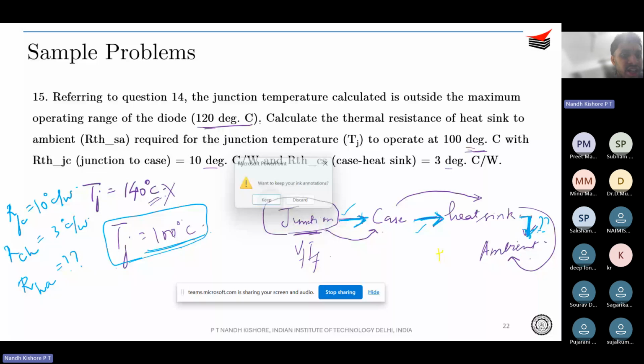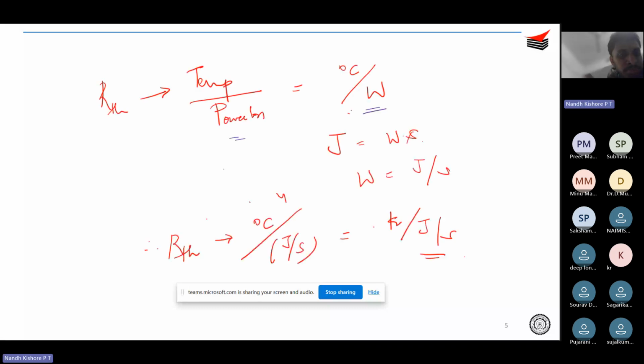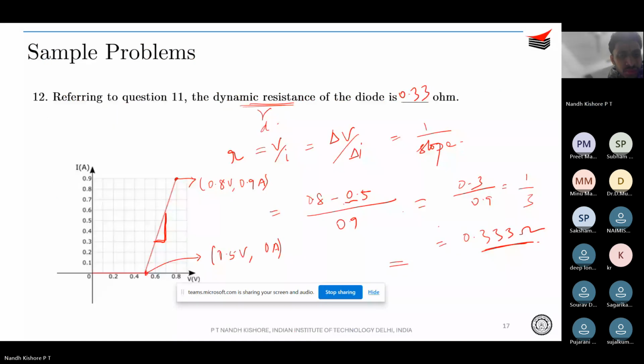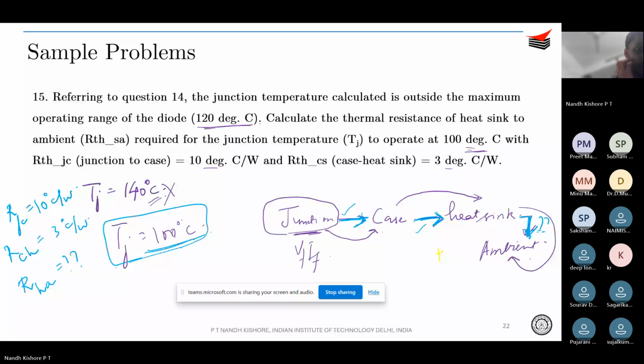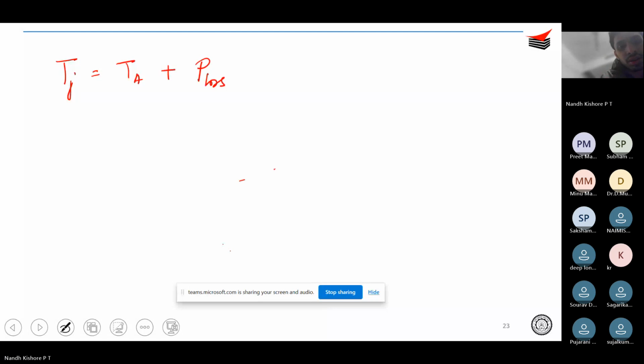So I will take a new slide. You do know that Tj is equal to TA plus power loss into R theta.